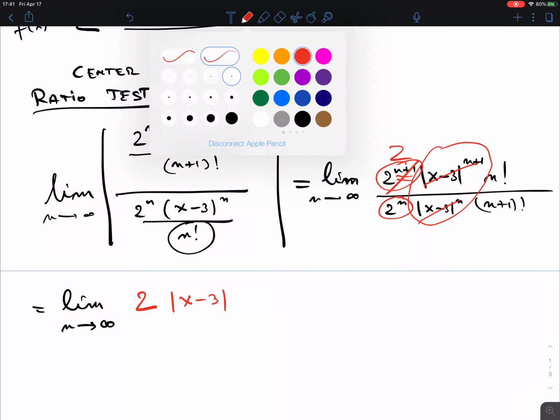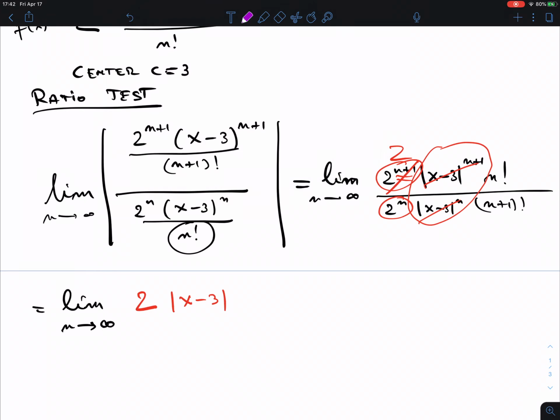And then the factorials, I hope by now you know how to do that. Remember this n plus 1 factorial, this is the biggest factorial, and we're going to write it in terms of the lower factorial, n factorial, and then that's not everything, we need one more, we have to go to n plus 1. So we have an n factorial on top, and in the bottom we get n factorial times n plus 1.